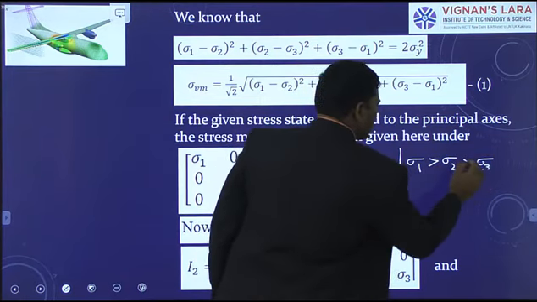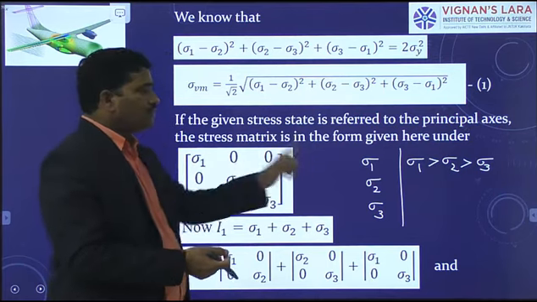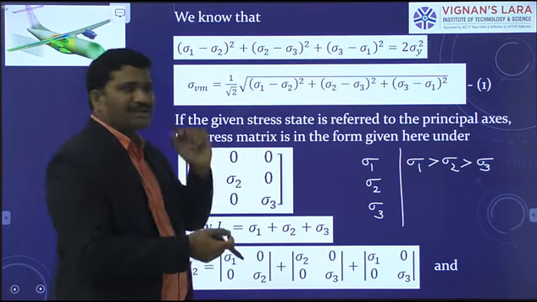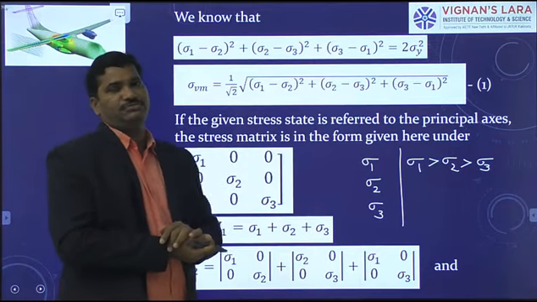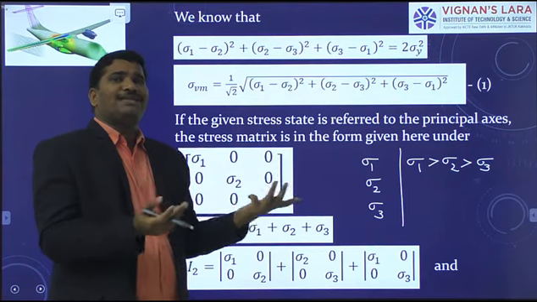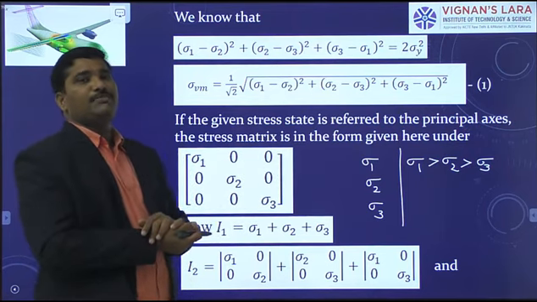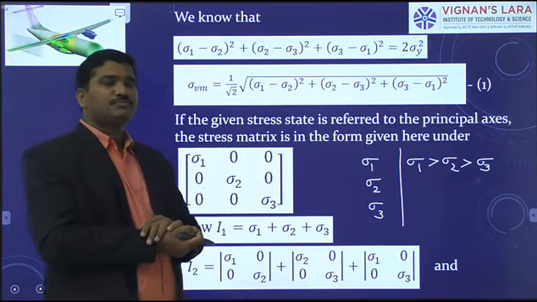This is how I take it. Now, which one is minimum? According to this condition, sigma 3 is minimum. Which may not happen all the time. Sigma 2 may be minimum.